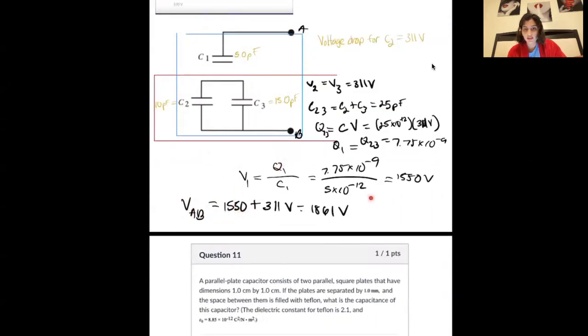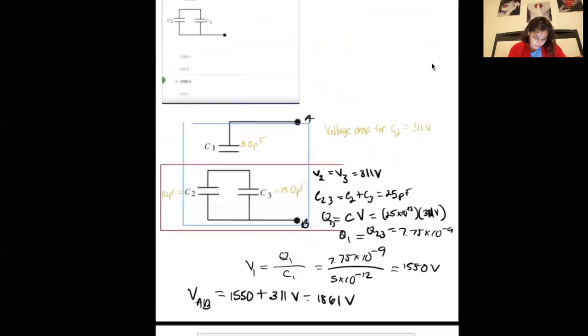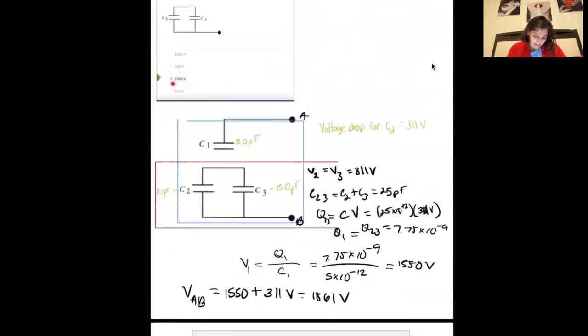It is 1550, which is what the voltage for capacitor 1 was, plus 311, which is the voltage of C2 and C3. And that gave me 1861. So come up here, 1861 is closer to 1900, and that's your answer.